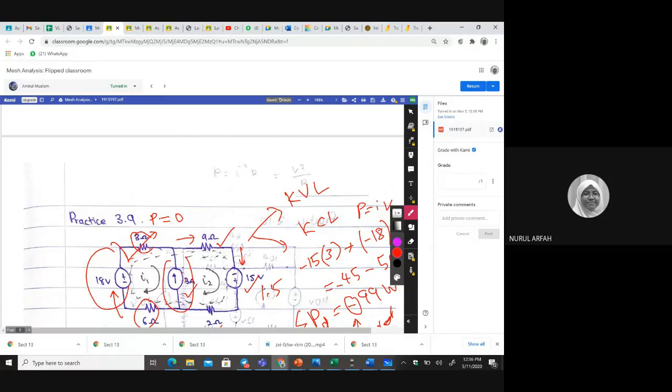For any circuit and any problem, you can solve it with whichever method you have learned so far. If you have a group of 5 people, one of you can use method number 1, another person method number 2, another the third method. You can compare, and the answers should lead to the same answer. Understand?